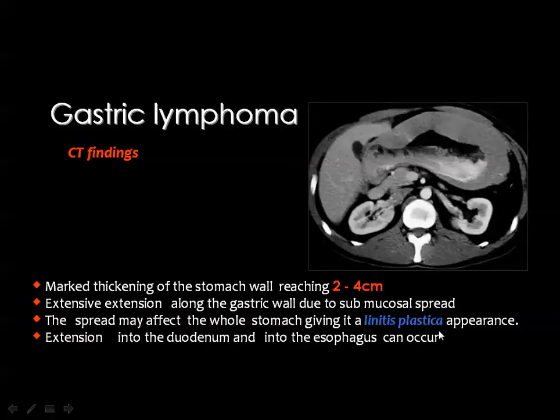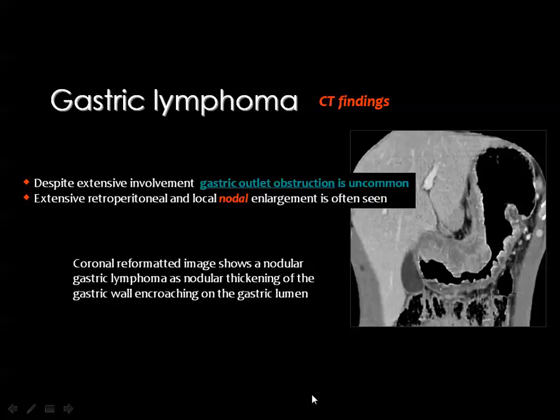And also you remember that linitis plastica is one of the radiological findings in cases of lymphoma. And you can use the reformatted images to appreciate the extent of the disease along the gastric wall. Here you can see that the fundus is more or less free, but the greater curvature is affected, and the lesser curve is more affected than the greater curve.